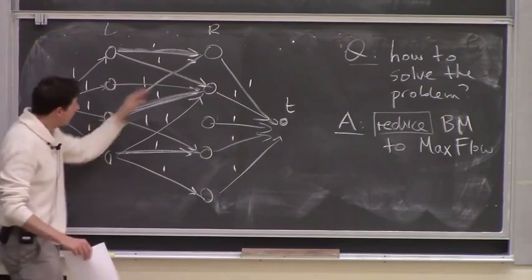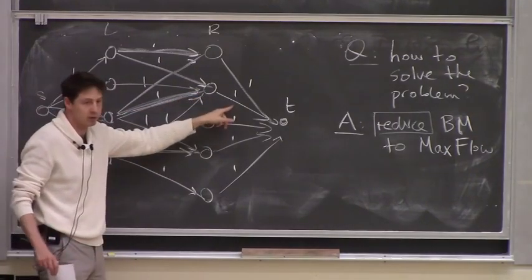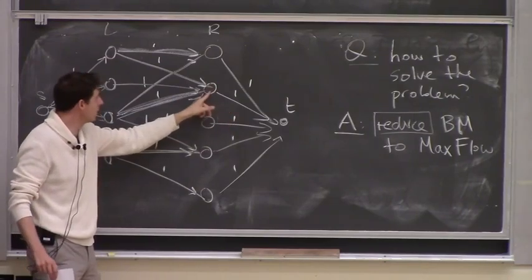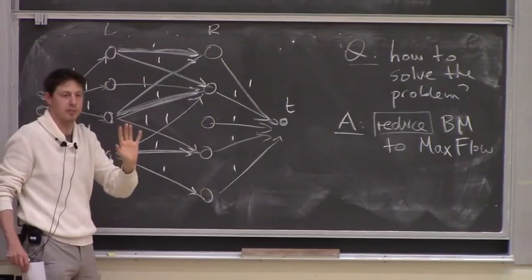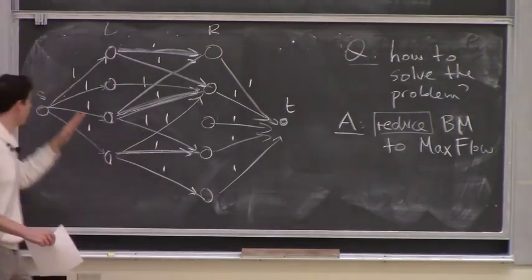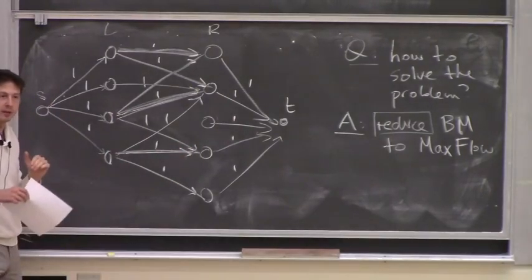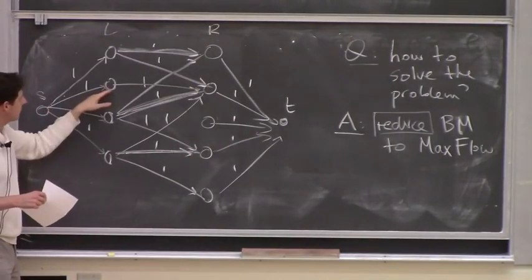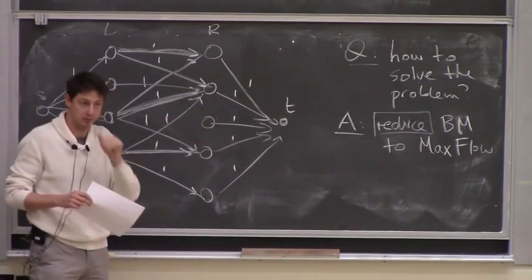Now, on the other side, we have a similar constraint. Since we're pulling out one unit of flow, we would like this person to accept one unit of flow from a single edge. So this one and this one is basically trying to tell us, did you pick this guy in the matching or not.